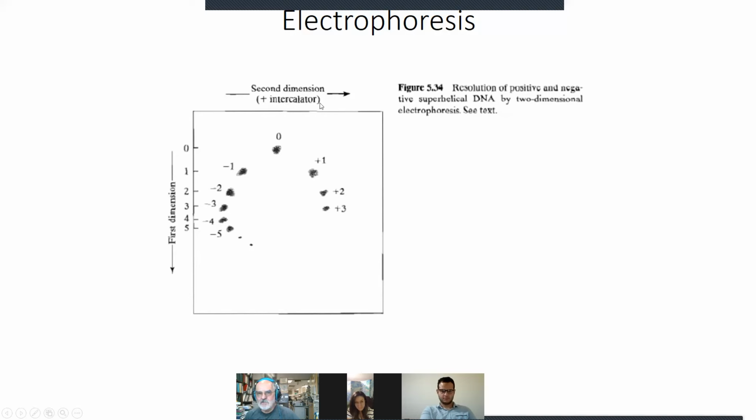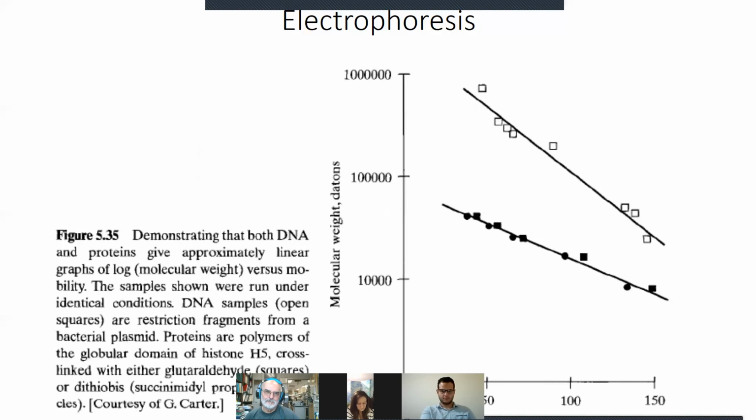So these are drugs that bind to base pairs and change their effective mobility, but it's also resolving different extents of supercoiling. And so you can see that you get a different mobility pattern with intercalators and then without intercalators. And you can see this resolution of supercoiling and different sorts of shapes that resolve in different kinds of patterns. So there's a lot of interesting topology that goes on in DNA.